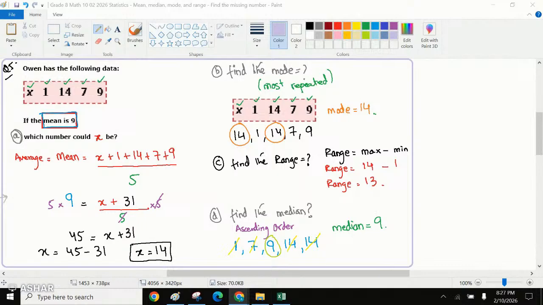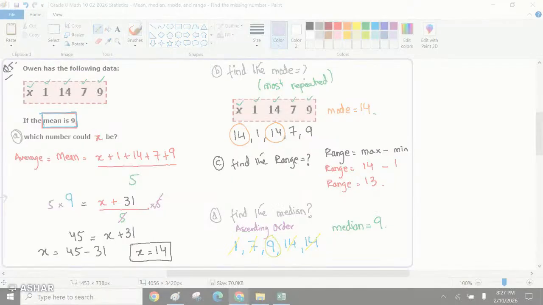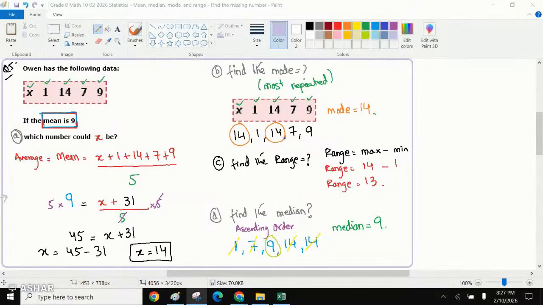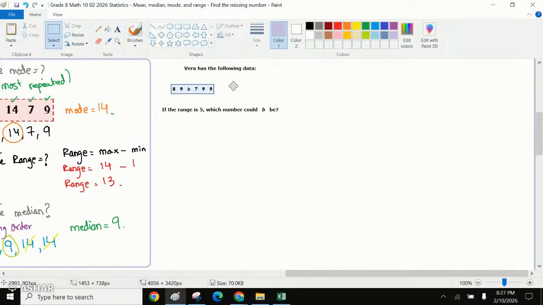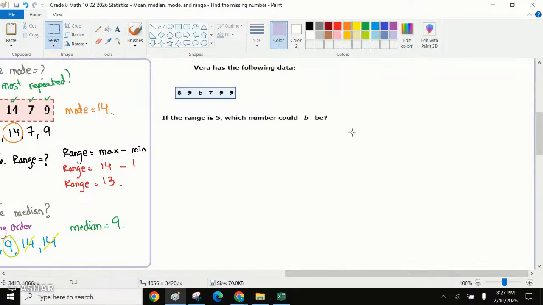For the next question, it says, Vera has the following data and we need to find the range. Okay, the range is given to us. For question number 6, if this is our question number 6, Vera has this information.